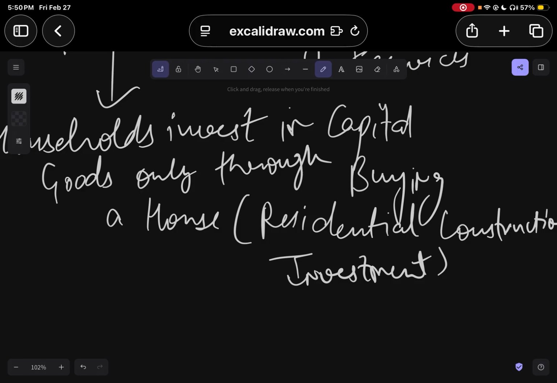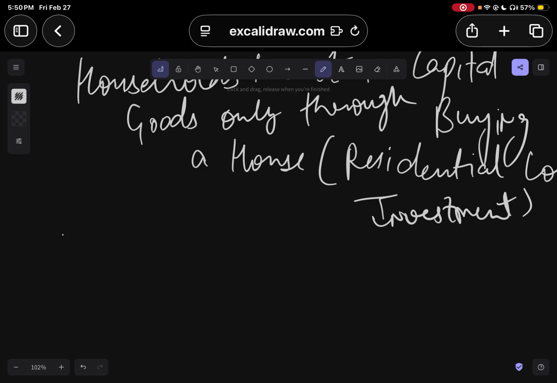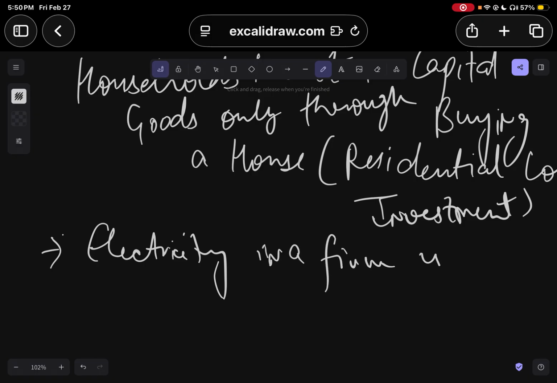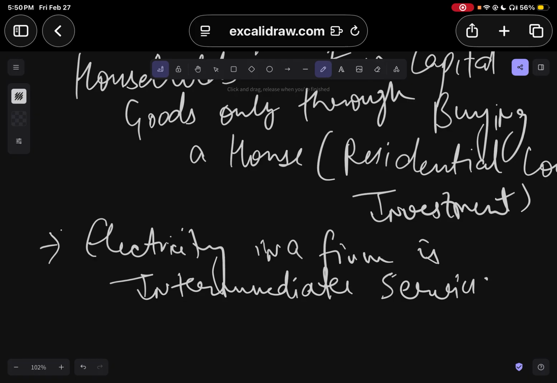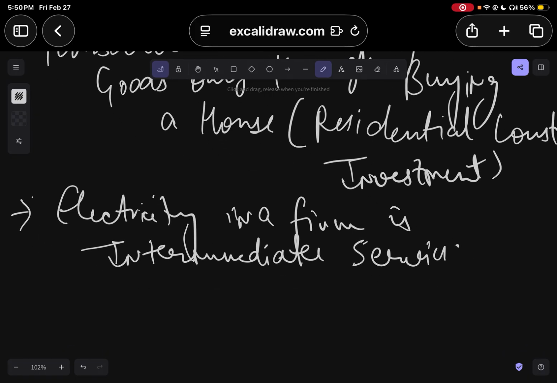This is worth remembering. Resources are needed to govern, due to which government also does consumption and investment.